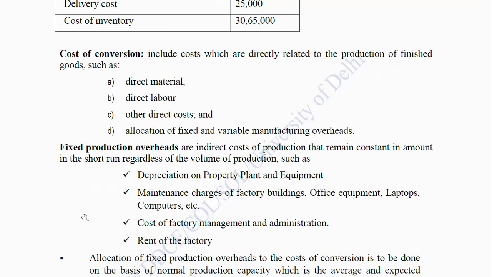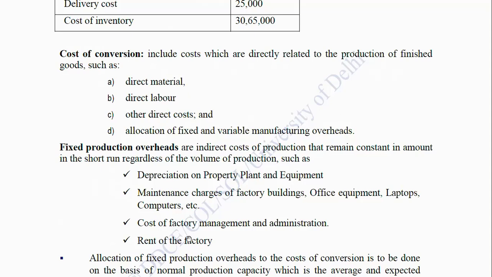Cost of conversion includes costs which are directly related to the production of finished goods, such as direct material, direct labor, other direct costs, and allocation of fixed and variable manufacturing overheads.